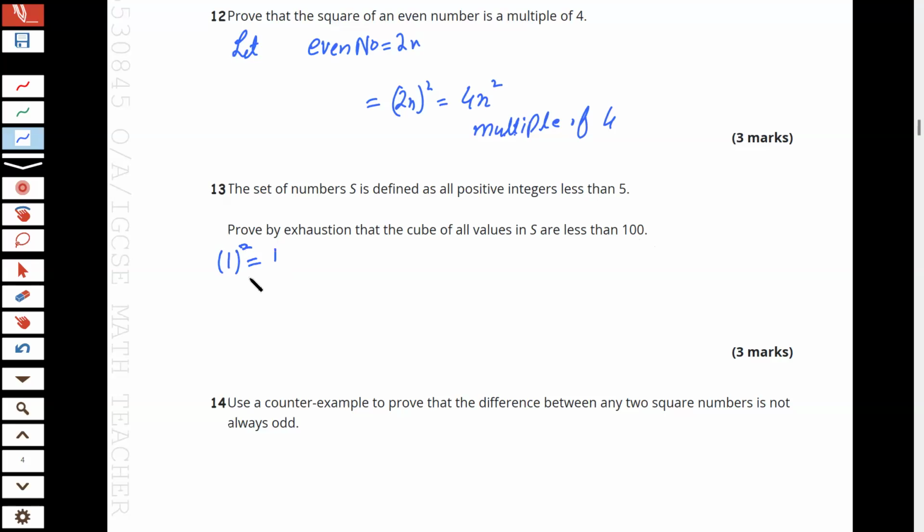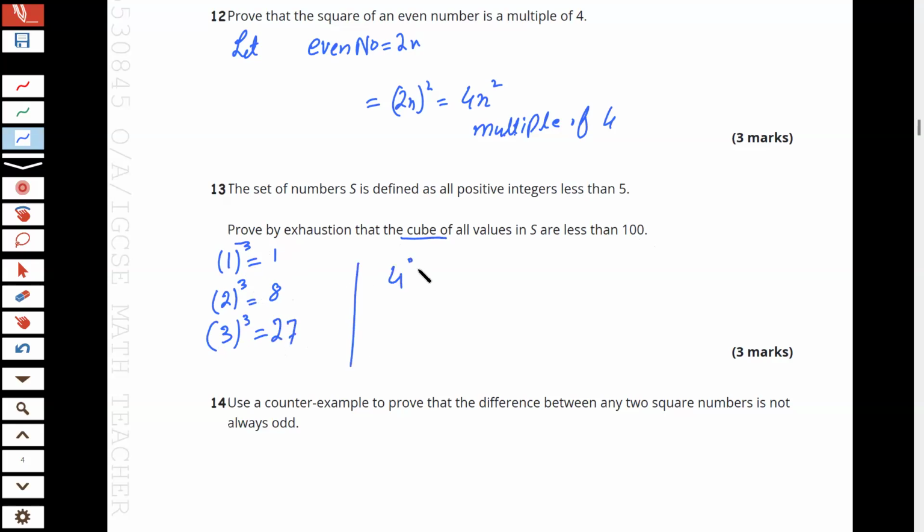So 1 cube will be 1. Then 2. Sorry, cube. It says that we have to take the cube of all values. So 2 cubed is 8. What is 3 cubed? 27. It will be 27.